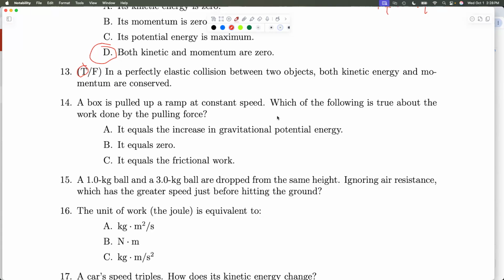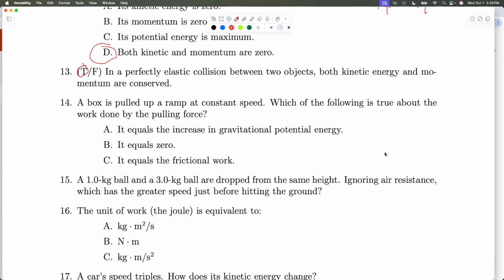I've got to think about this one. This is not a very well worded question.